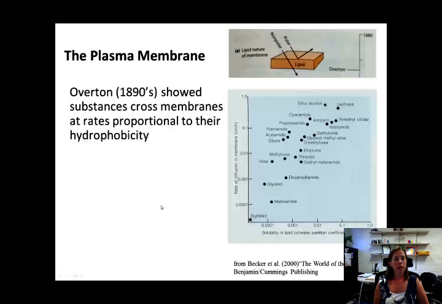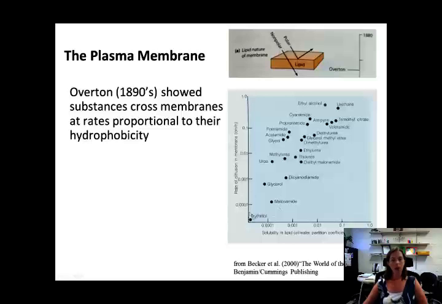Some of the earliest studies examining the components of a cell membrane were done by Overton in the late 1800s. So Overton showed that substances could cross membranes at rates that were similar to their oil-water partition coefficient, and I'll explain that in a second, but that some crossed membranes faster or slightly slower than expected.